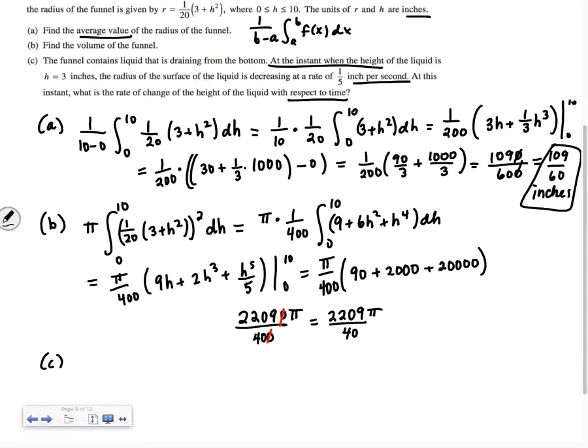The radius of the surface of the liquid is decreasing, so negative 1/5. Let's write down what we know. And we're trying to find dh over dt when h is equal to 3. Okay, so let's write down our background knowledge.